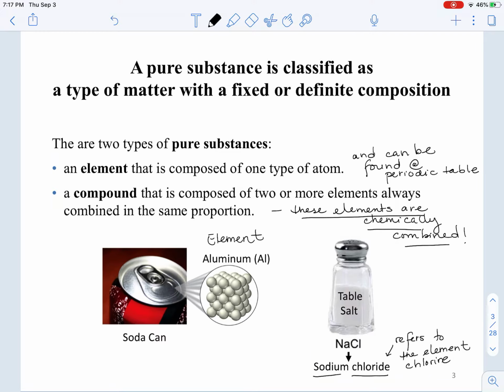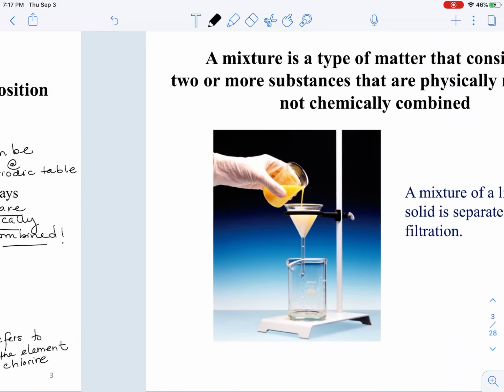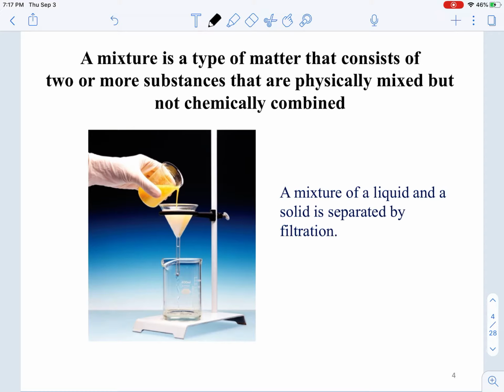Now let's explore the other type of matter. So matter can also be considered a mixture. Understand that a mixture is a type of matter that consists of two or more substances that are physically mixed but not chemically combined.